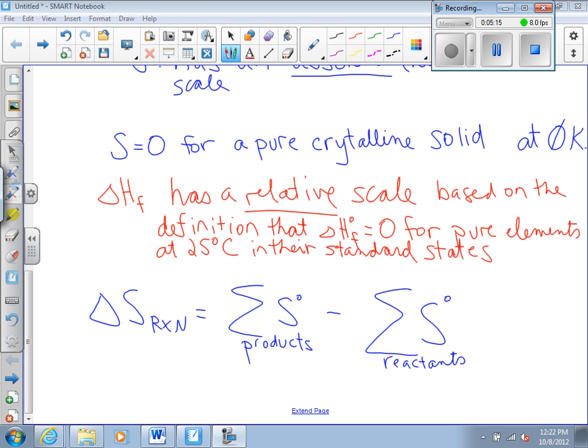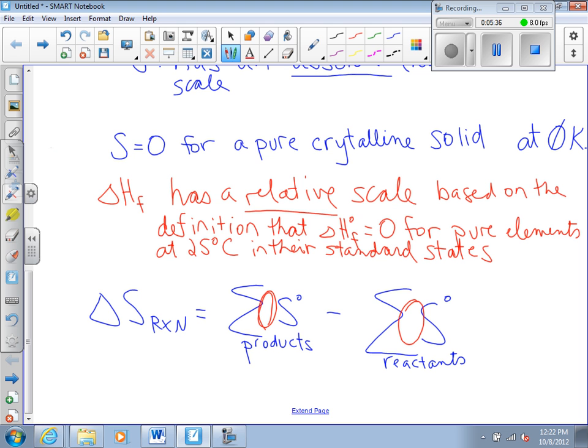All right, so the equation we have for entropy is the change in entropy for a reaction is the sum of the entropy of the products minus the sum of the entropy of the reactants. This looks just like our equation for delta H reaction, but notice right here and right here, there is no delta listed.